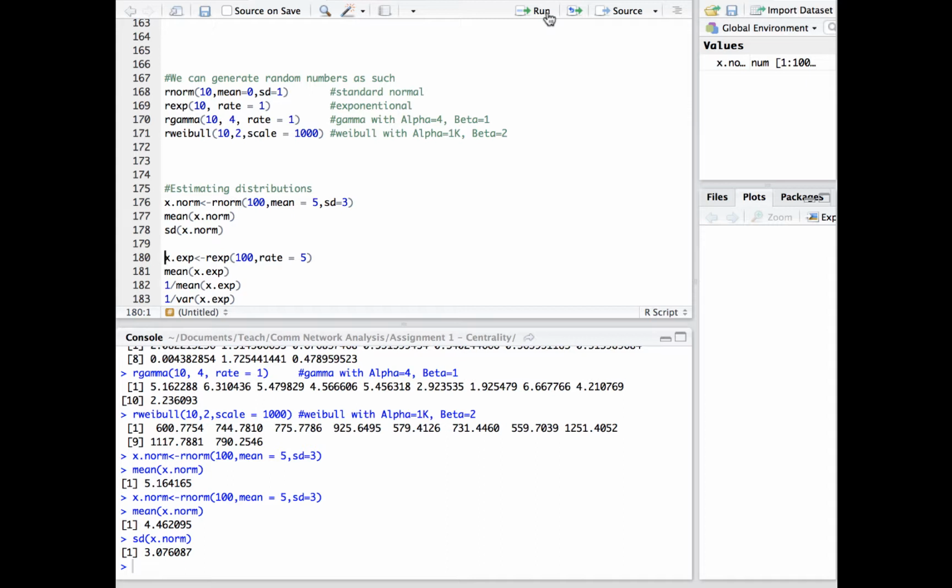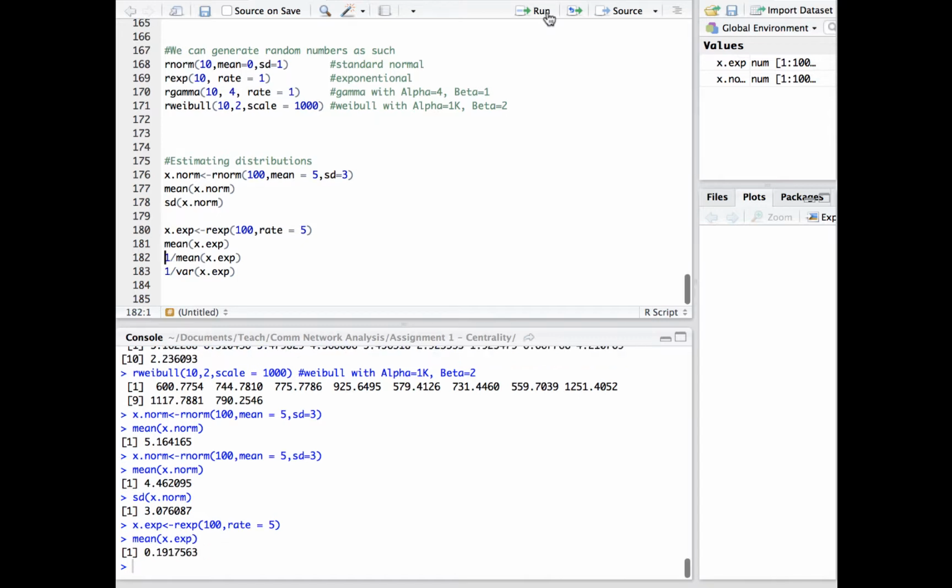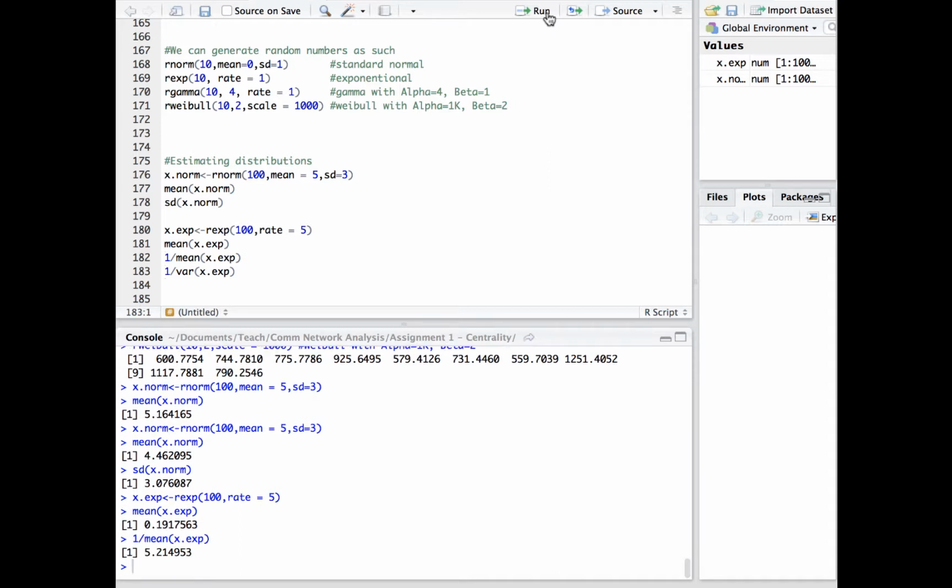Okay, we can do the same thing with an exponential. So if I create another random variable for exponential, and then I estimate the mean, what should the mean be? Well, the mean should be 1 over 5, because that's what we know about exponential random variables. So let's see if that value, 0.19, is 1 over the mean. You'll see that that is approximately 5 for that lambda, or that rate parameter.